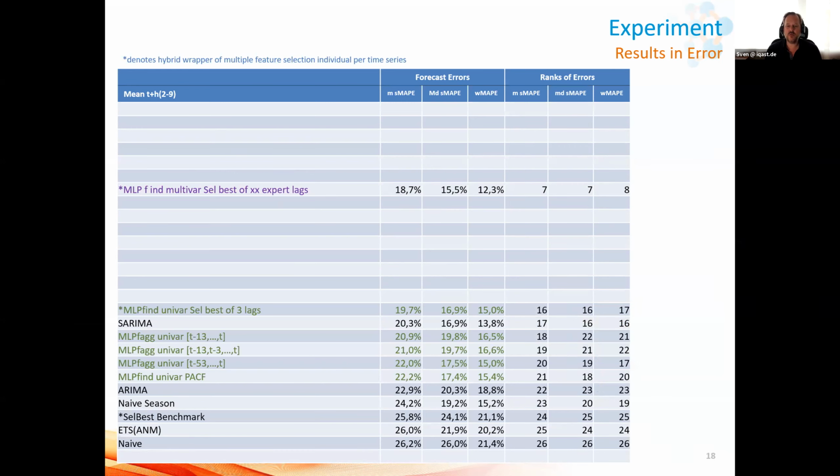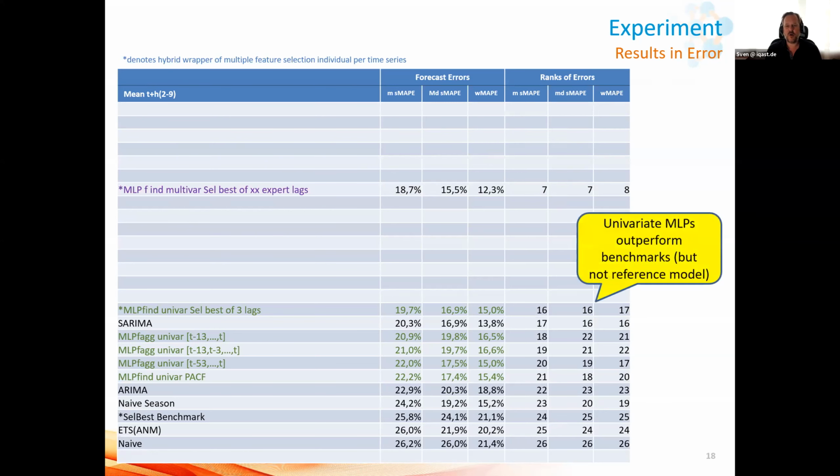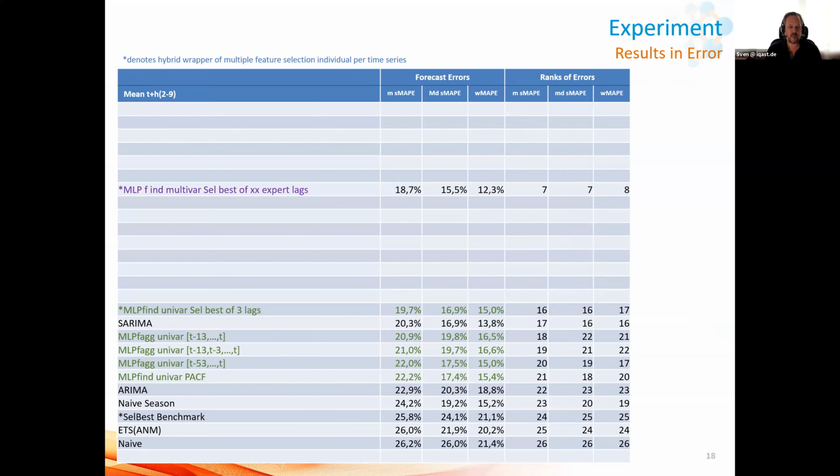If we then calculate univariate neural networks, univariate multi-layer perceptrons with and without model selection, or feature selection, they will also rank towards the end. I mean, they don't have any causal information, they don't have exogenous information, but on average they outperform the statistical benchmarks. And we find that again and again, that neural networks are fairly robust and accurate.